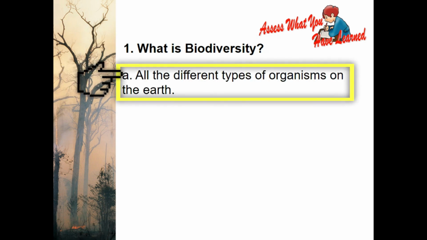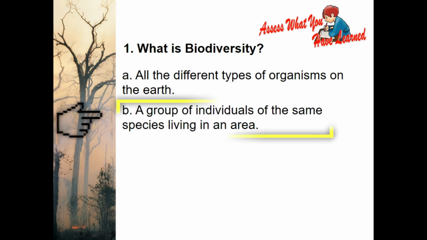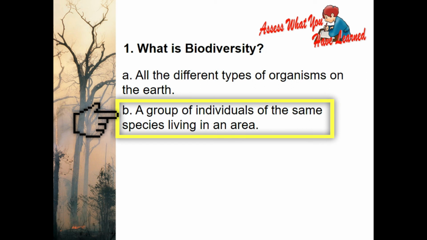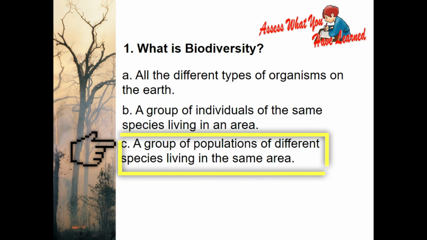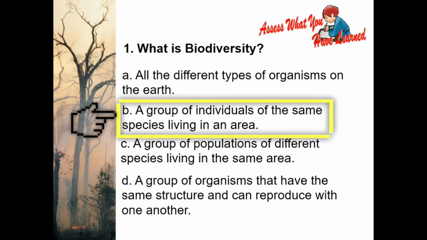A. All the different types of organisms on the earth. B. A group of individuals of the same species living in an area. C. A group of populations of different species living in the same area. Or D. A group of organisms that have the same structure and can reproduce with one another.